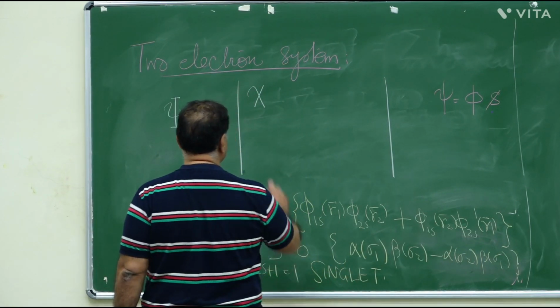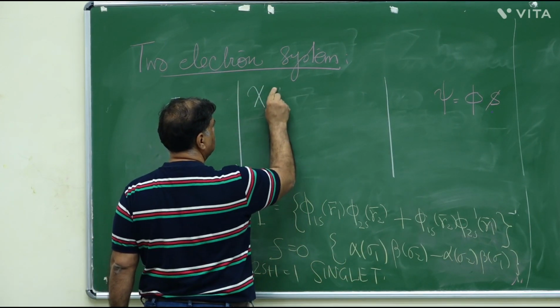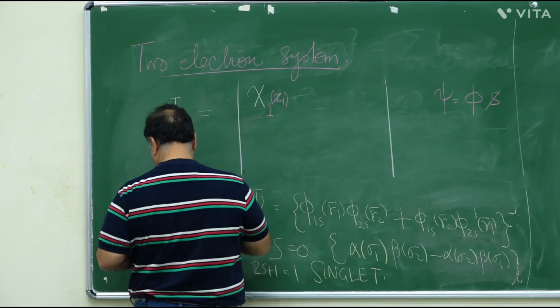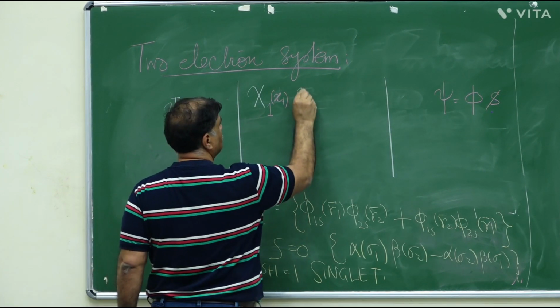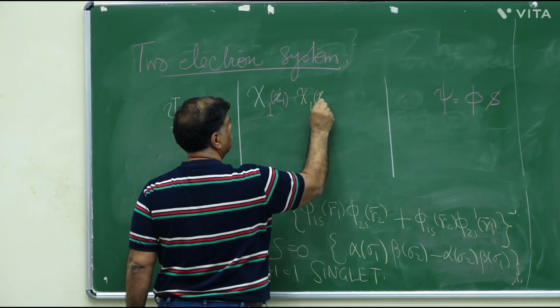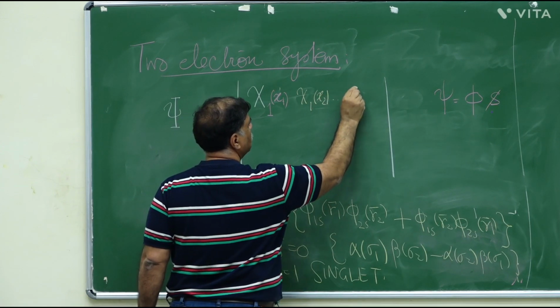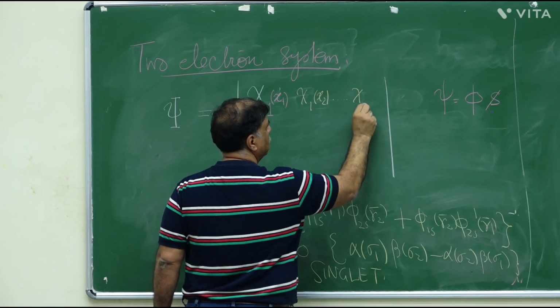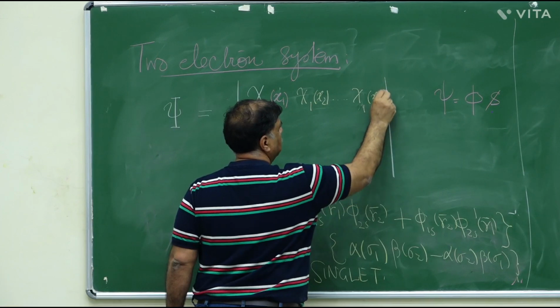So this is going to be chi 1, x1, chi 1, x2, all the way up to chi 1, xn.